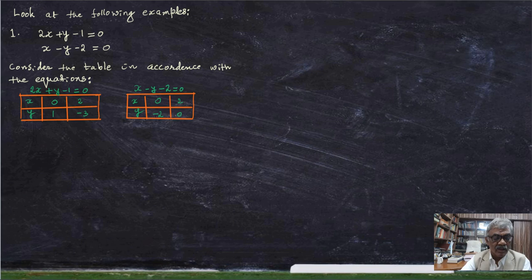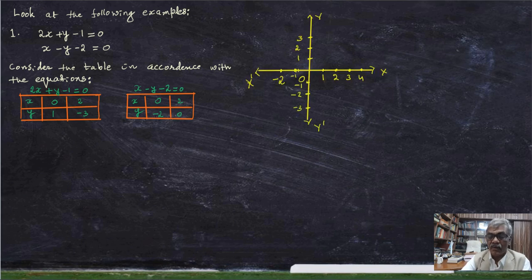With the help of this table, let us plot the points in the right hand side coordinate axis, which I have depicted here.